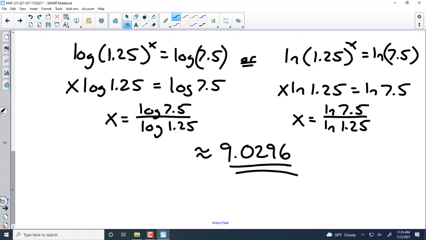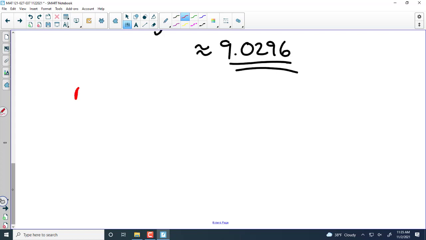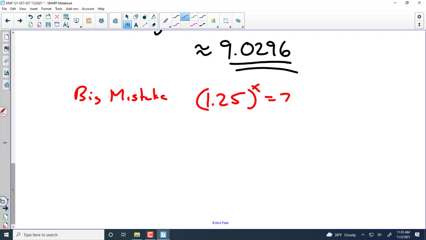One of the biggest mistakes I see people make on a problem like this is once they get it down to this point right here, 1.25x equals 7.5, they know they have to get that x down. They know they have to take a logarithm of both sides, but they get so excited, they do this.